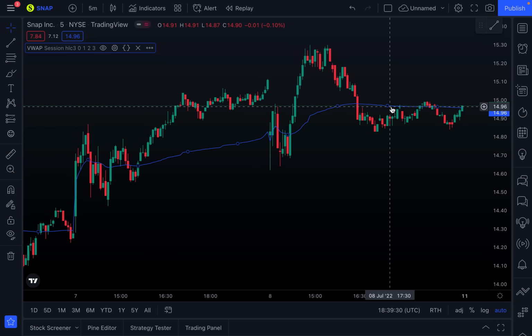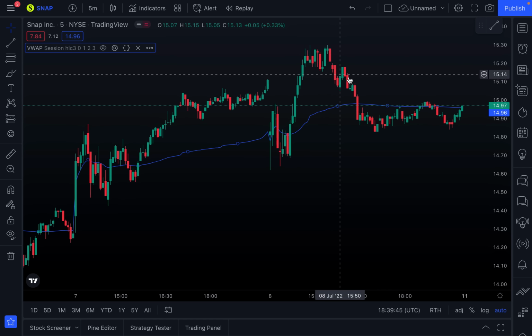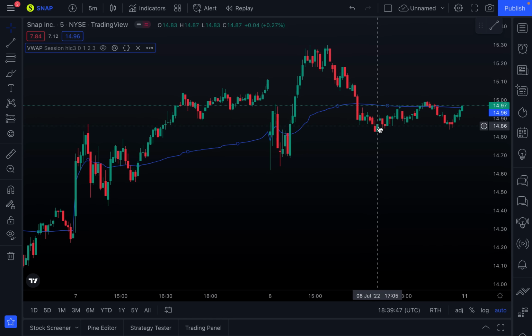Now, number 3, VWAP indicator helps you identify the trend or movement for the day. So again, if the price is above the VWAP, the price is considered to be in an uptrend. It's in a bullish movement for the day. However, once the price goes below the VWAP, it's considered to be in a downtrend or in a bearish movement for the day.